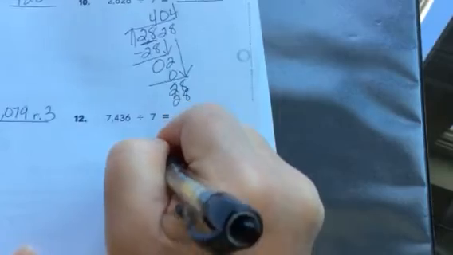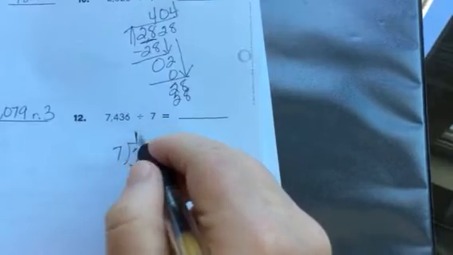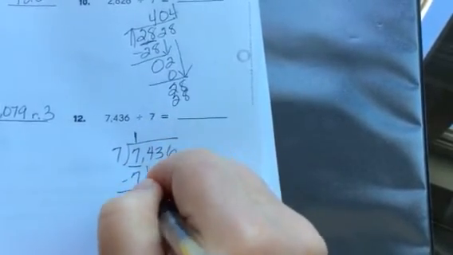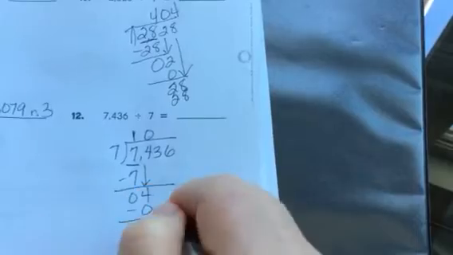And the last one, again, 7 goes into 7 one time, so we're going to go above the thousands place because that's the place we're going into right there. 1 times 7 is 7. Bring down your 4. 7 goes into 4 0 times. 0 times 7 equals 0.